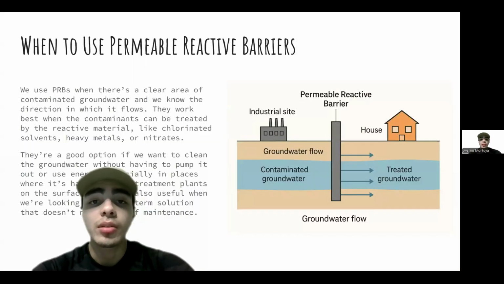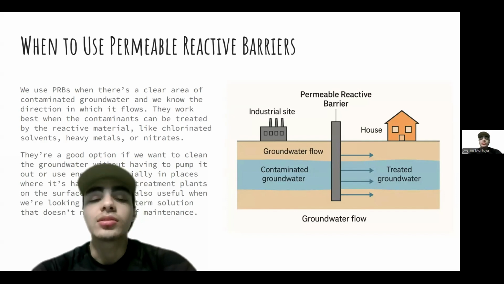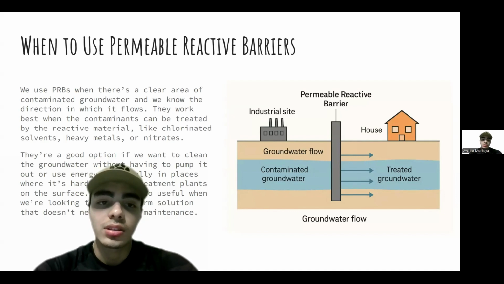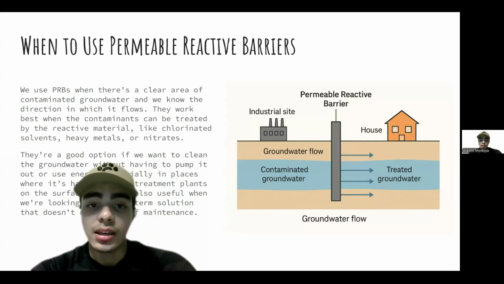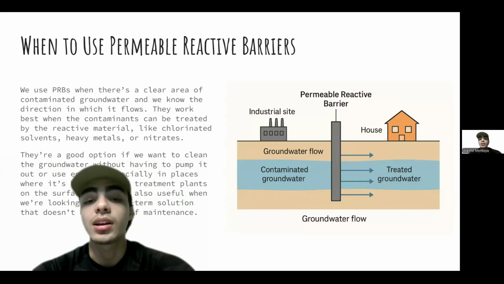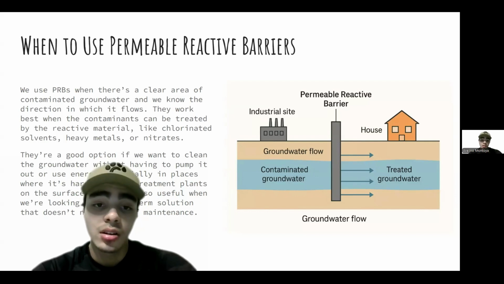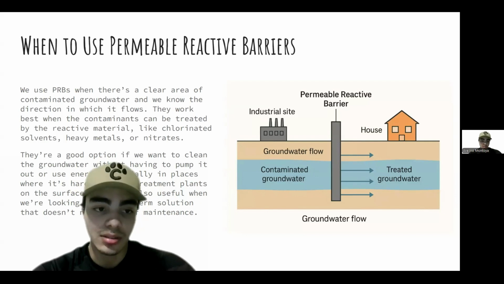When to use permeable reactive barriers. We use PRBs when there is a clear area of contaminated groundwater and we know the direction in which the water flows. They work best when the contaminants can be treated by reactive materials like chlorinated solvents, heavy metals, or nitrates.